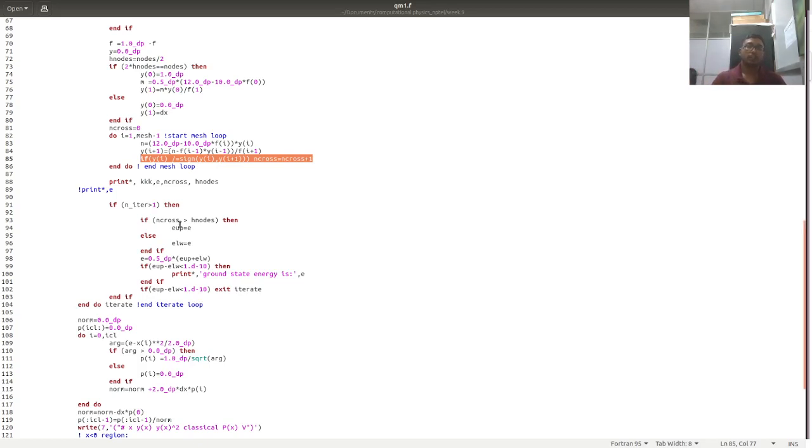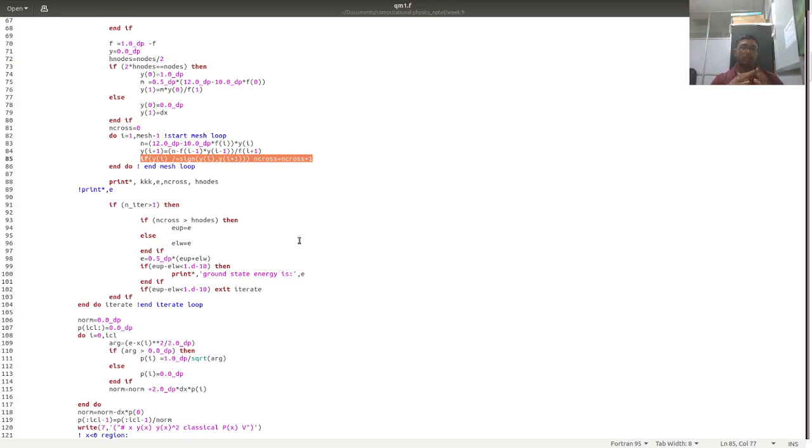Then EUP will be E. You initially have EUP defined as the maximum value of potential, and that is now updated to be the energy. So the total area shrinks from the upper level, else ELW is going to be E. So this is shrinking from both sides.